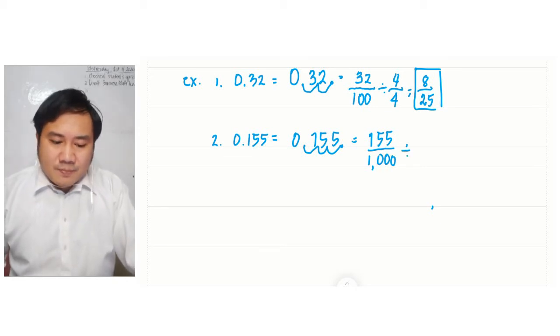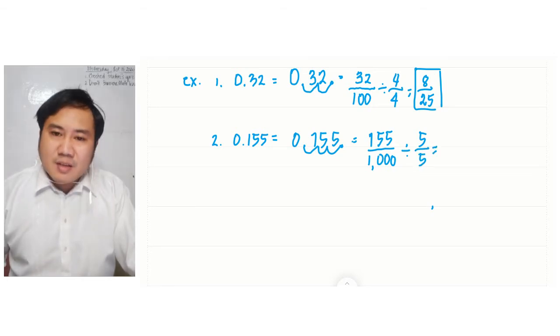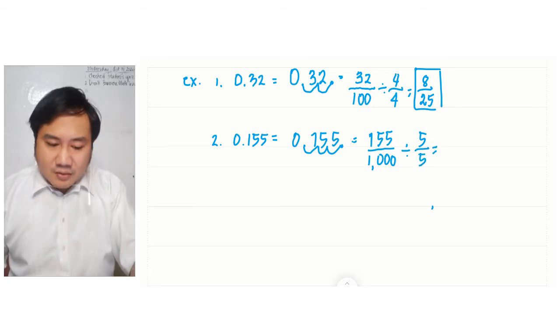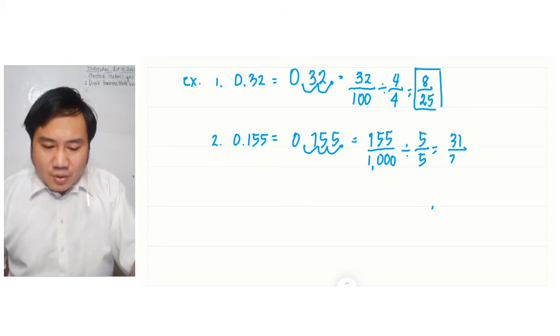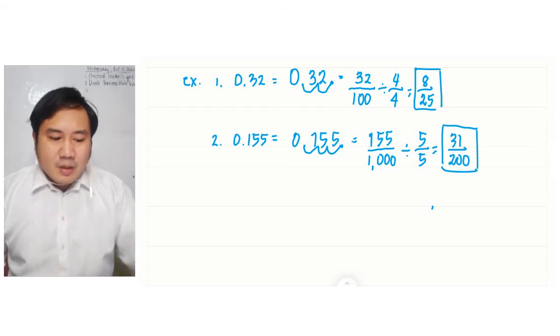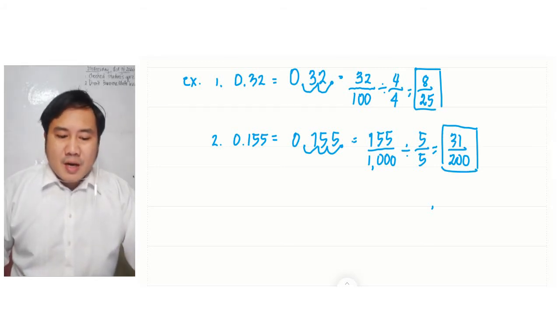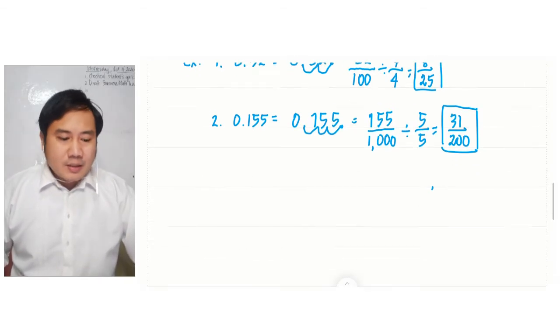Reduce it to lowest term. Divide the numerator and the denominator by 5. 155 divided by 5 is 31. And 1,000 divided by 5 is 200. So, 0.155 in fraction is 31 over 200.